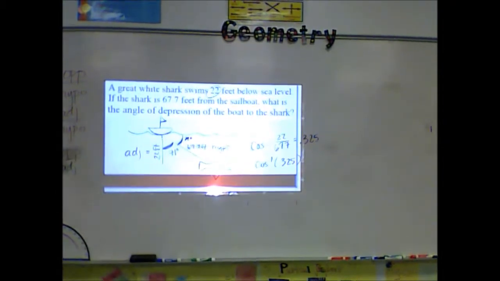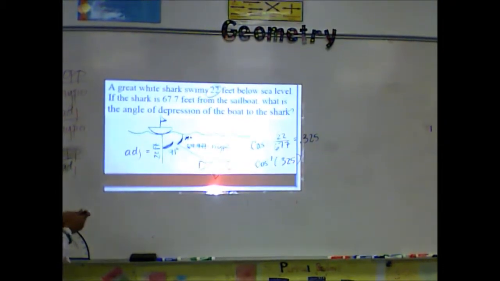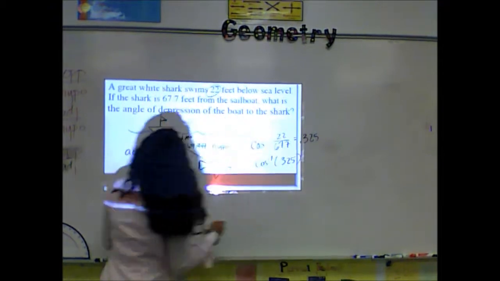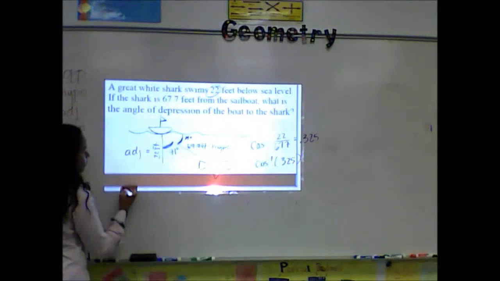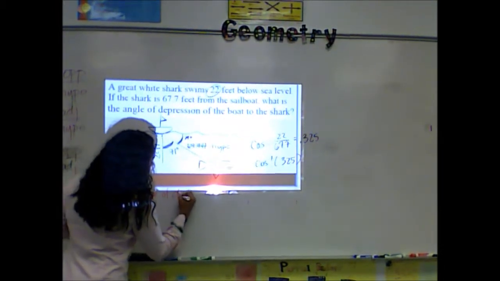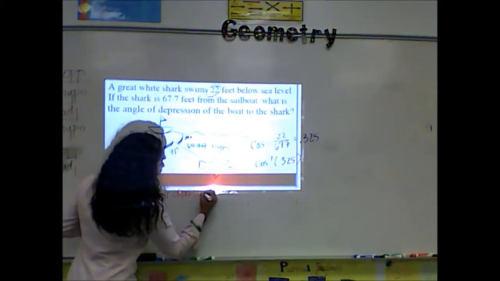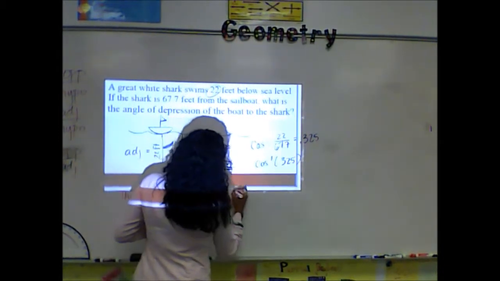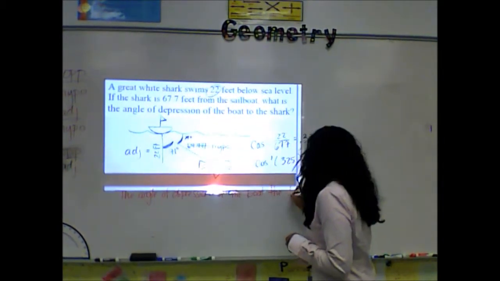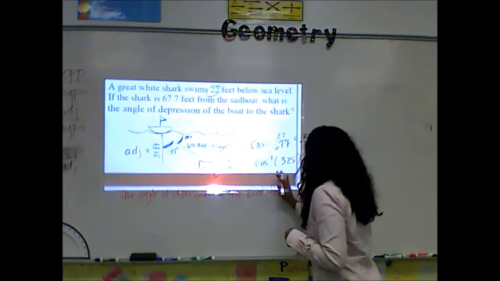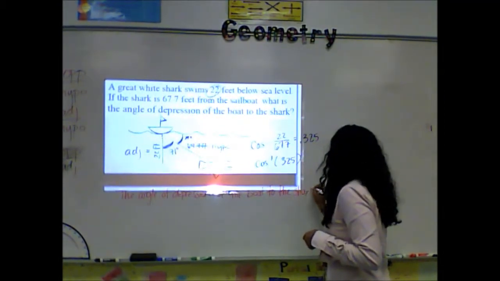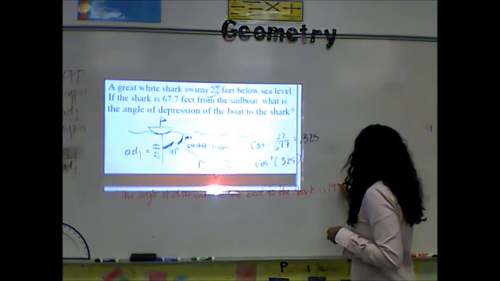Alright, remember, we have to have the complete sentence. The question was, what is the angle of depression of the boat to the shark? So the complete sentence would be: the angle of depression of the boat to the shark is 19 degrees.